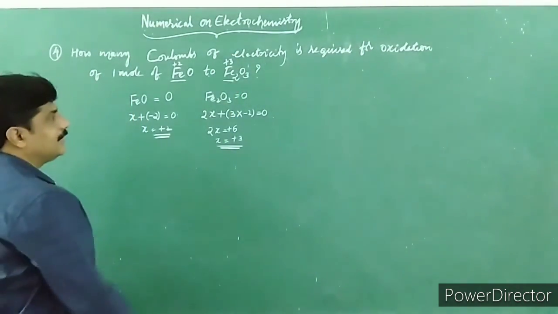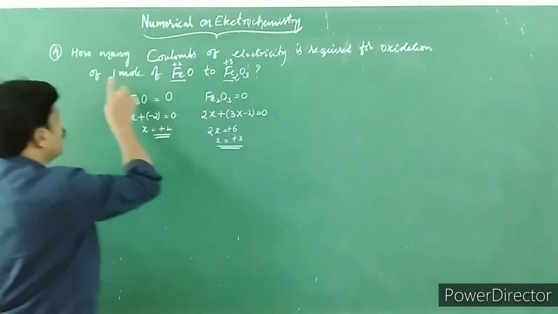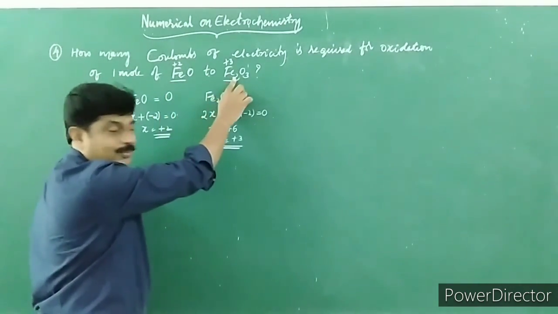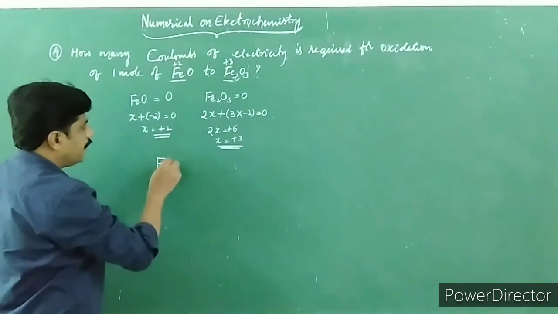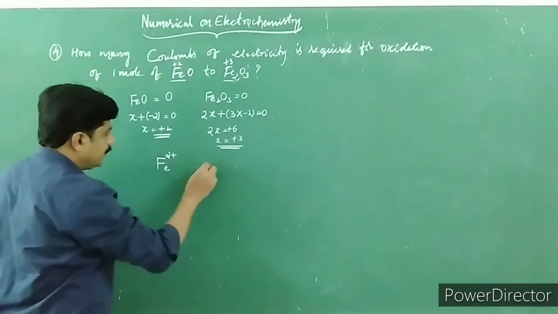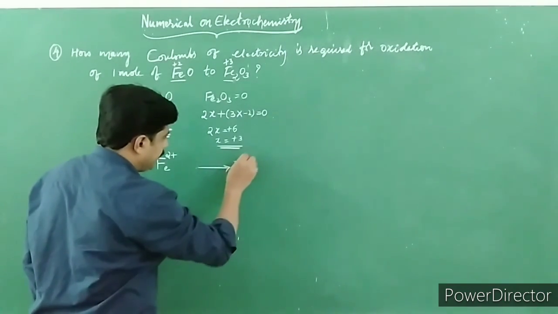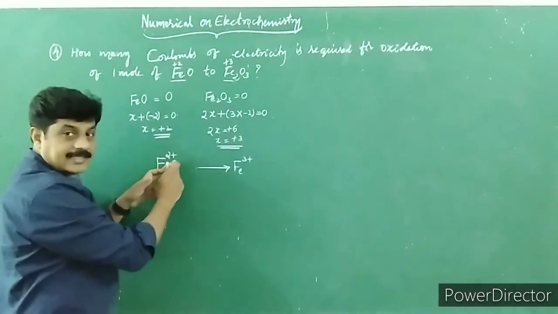What are they asking here? Children, how many coulombs of electricity are required for the oxidation of 1 mole of FeO to Fe2O3? That means they are asking for 1 mole of Fe2+ becoming Fe3+. Look at here, 2+ is becoming 3+.